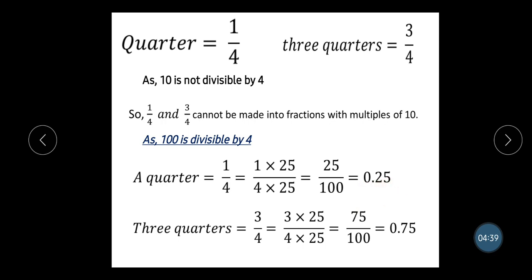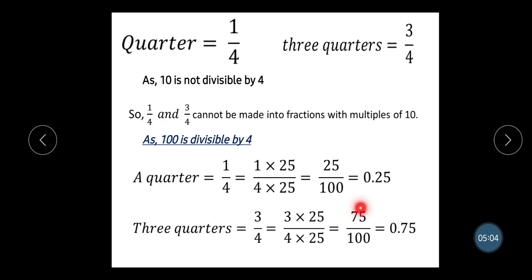The next one we will take is 3 quarters, that is 3 upon 4. So, 3 quarters is equal to 3 upon 4, is equal to 3 into 25 upon 4 into 25. It is compulsory to multiply numerator and denominator with the same number. That is equal to 75 upon 100, that is equal to 0.75.